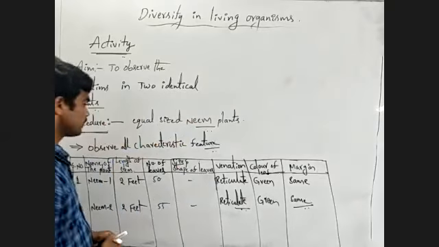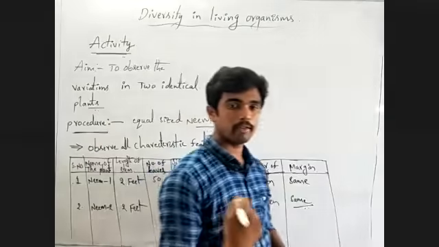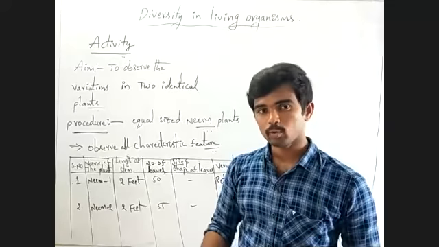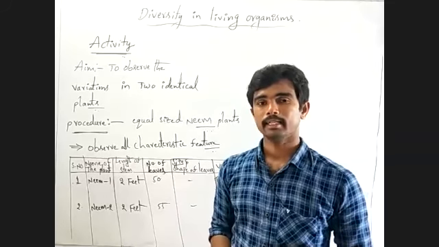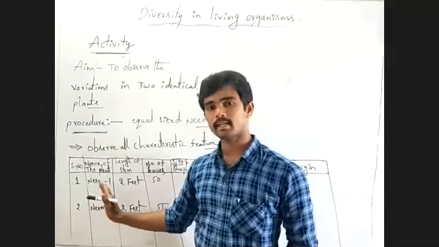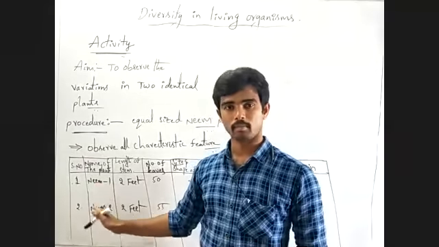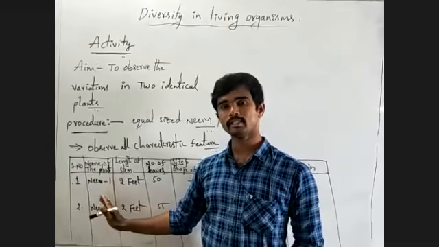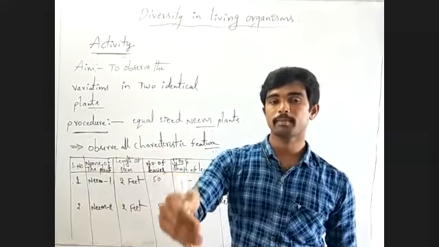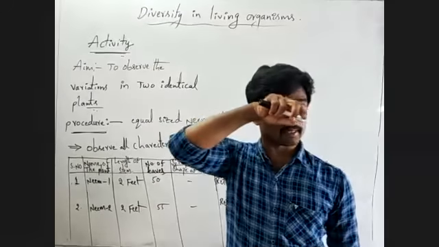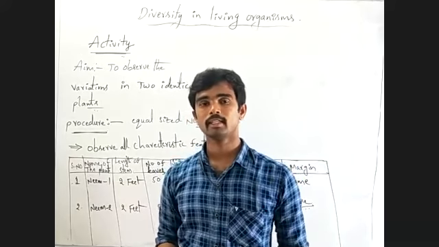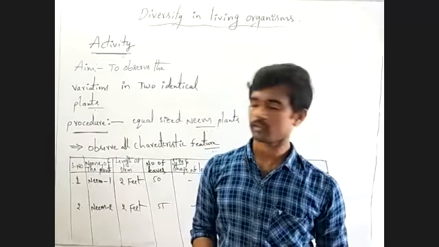Okay, when we observe the differences present in individuals of a species like this, the differences or variations are small, or low, when compared to the variations present in individuals of different species.